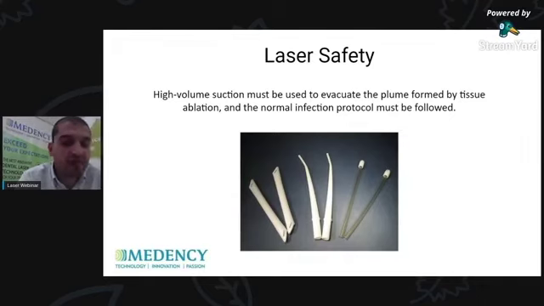It's very little, but it can carry virus or bacterial infection through your respiratory inhaling. So the most important thing is to use a good high suction. This will eliminate any plume that comes from this treatment.